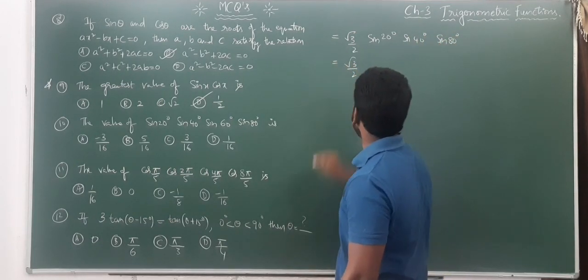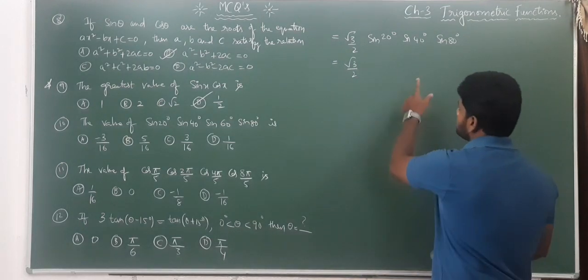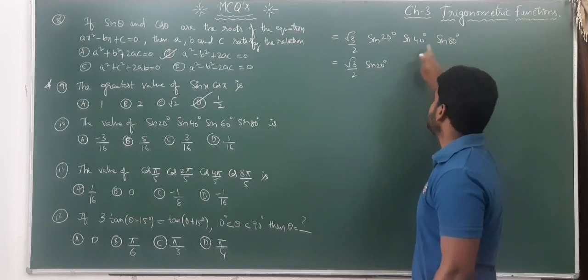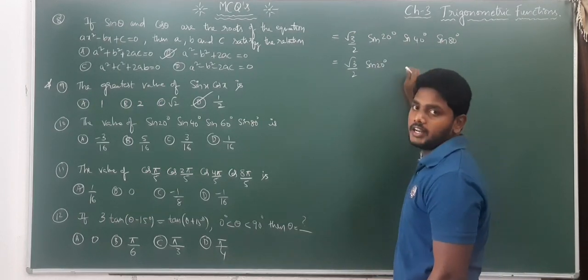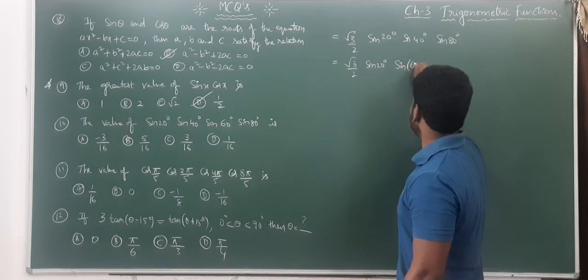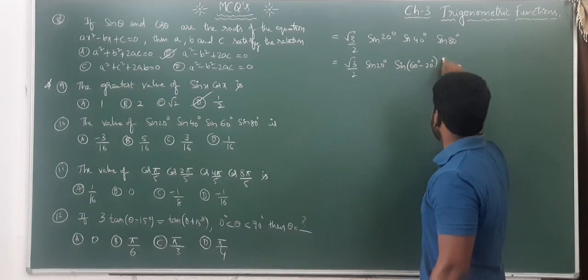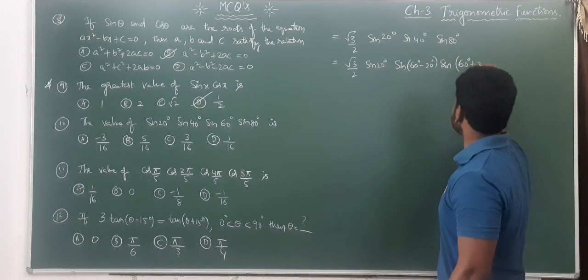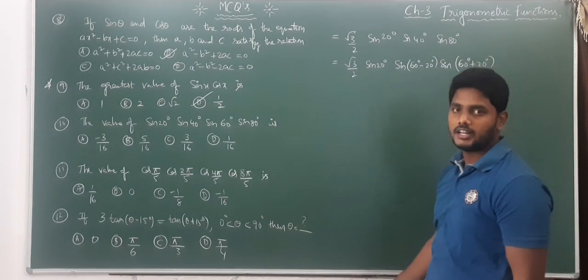This is root 3 by 2 into sin 20 degrees, sin 40 and sin 80. If you observe these two, how can we write sin 40 and sin 80? Sin 40 we can write as 60 degrees minus 20 degrees, and sin 80 degrees we can write as 60 degrees plus 20 degrees. Right, can we write or not?